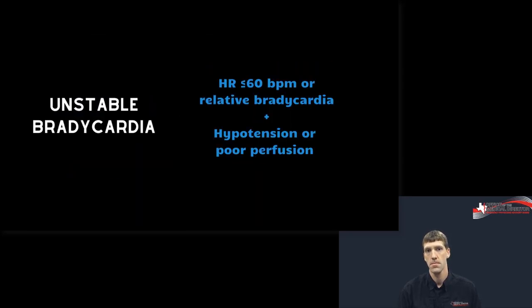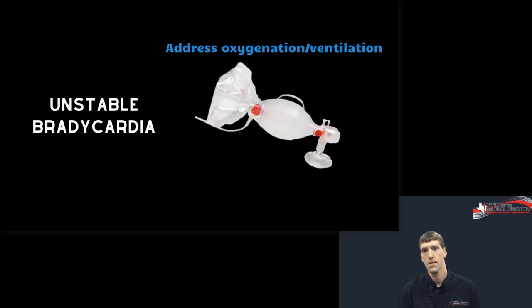As far as unstable bradycardia goes, it's going to be a heart rate less than 60 beats per minute or relative bradycardia. So what does that mean for relative bradycardia? That's going to be basically a heart rate which is much lower than expected for that age range of patient. And just like an unstable tachycardia, you still have to have your hypotension or poor perfusion to be in that unstable category.